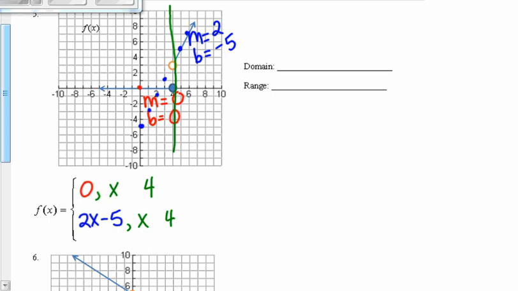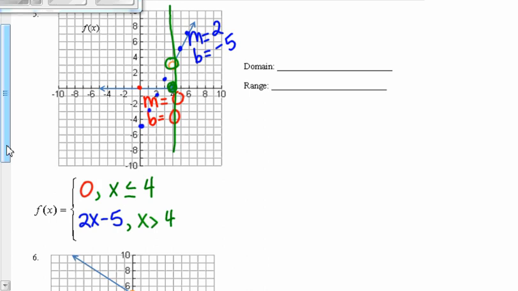Now this horizontal line where the equation was 0 is falling to the left of that line that I drew, so it's going to be less than 4. It also starts with that filled in point, so it is going to be equal to as well. For the blue part, the 2x minus 5 part of our graph, it starts with an open point, so it's not going to be equal to, and it goes to the right, which would indicate greater than. So that would be our equation of this piecewise function.